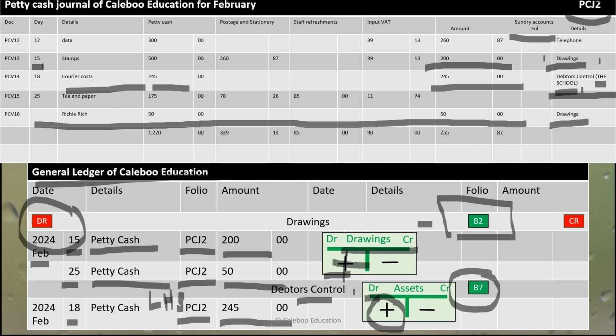The general ledger accounts have a reference, a folio reference. In this case, B2 and B7. So we've already done 2 transactions. Let's move on.